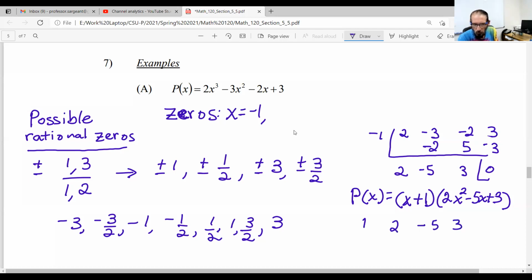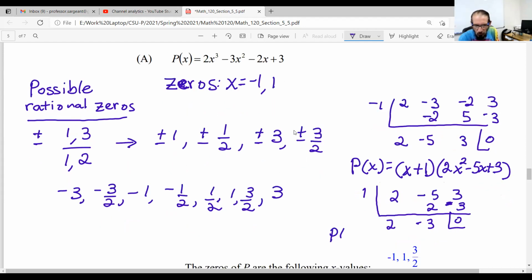Just use the coefficients from that remaining factor. Bring down the first entry and then multiply by what's outside times the current entry in the bottom row and add. And that gives us that +1 is also a 0.